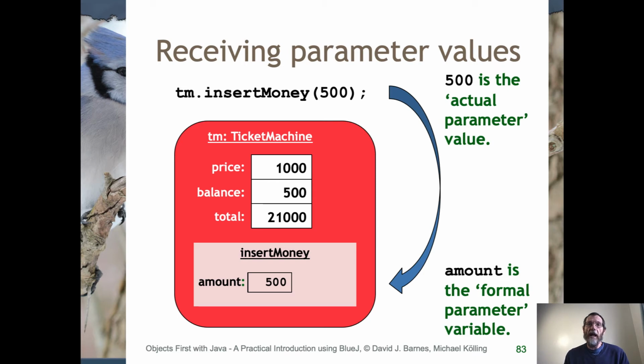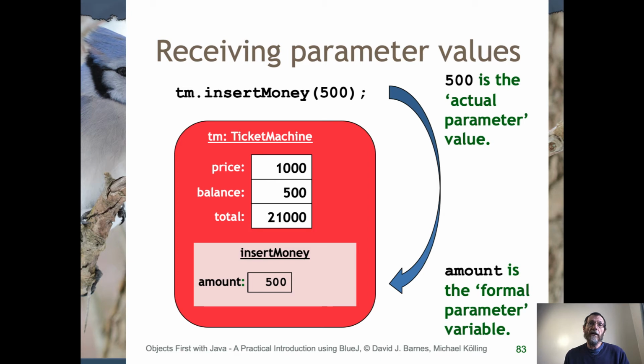That'll get used, and again that formal parameter will get thrown away. So parameter variables come and go, come and go, come and go throughout the lifetime of the object, again in contrast to those instance variables which persist throughout the life of the object.